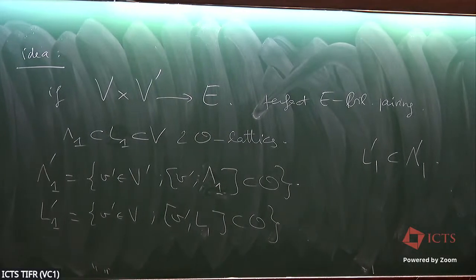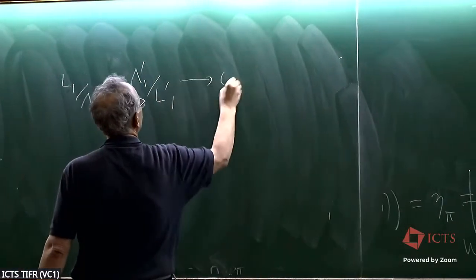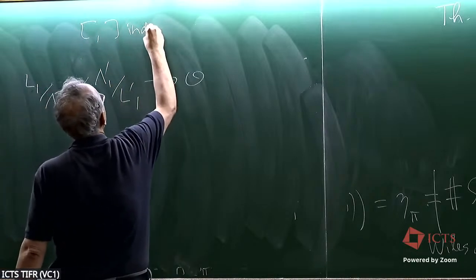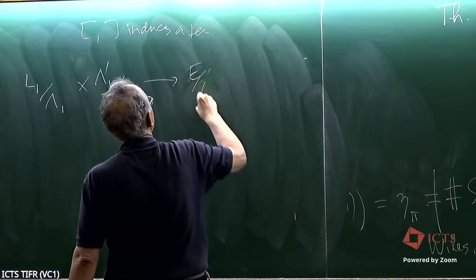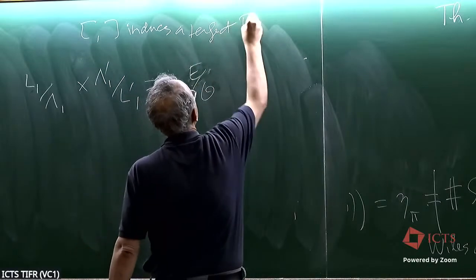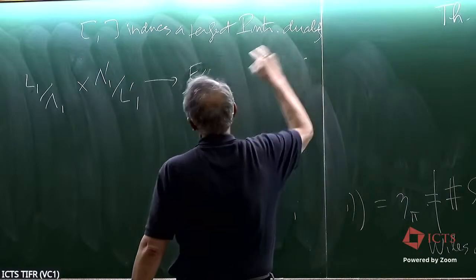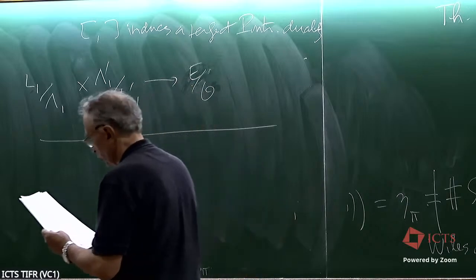And we know, this is well known, that we have a perfect Pontryagin duality between this and that, induced by the pairing, a perfect Pontryagin duality over O. Okay, so now we apply this easy thing.